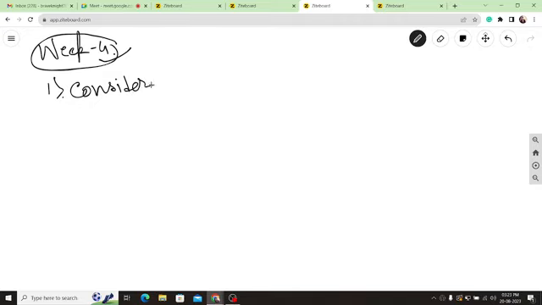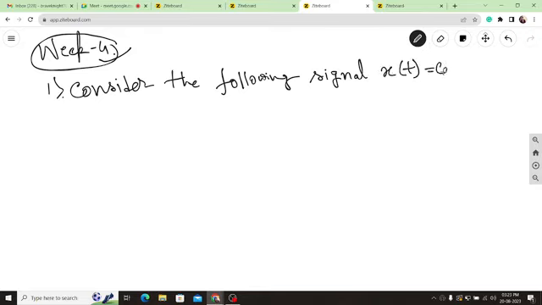So, the first question of this week 4 is: consider the following signal x of t, that is cos 2 pi fc t.